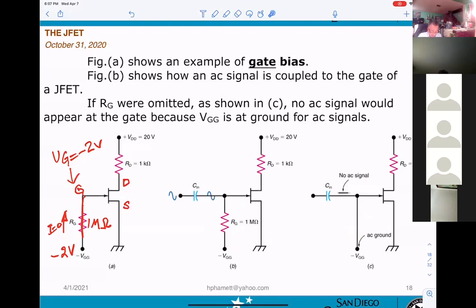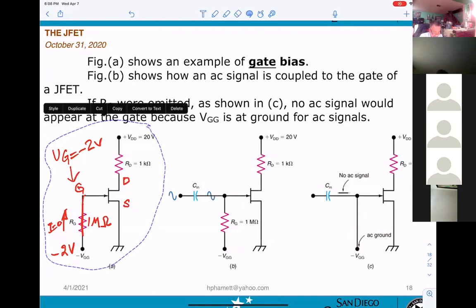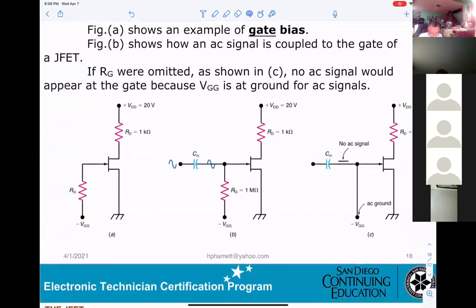So now we will deal with gate bias, or fixed bias, and try to see how we calculate it.